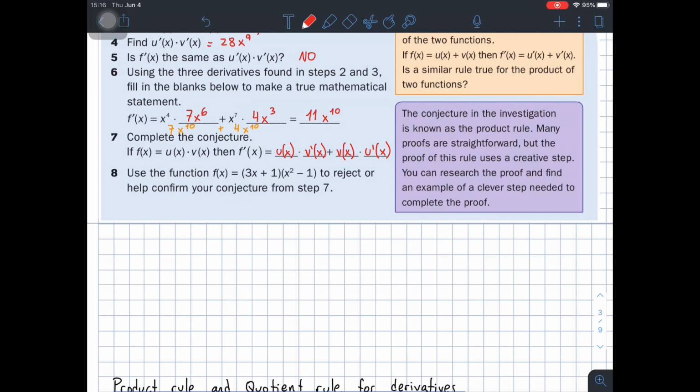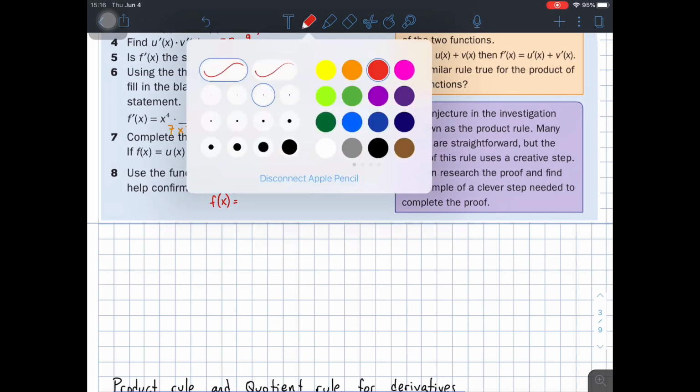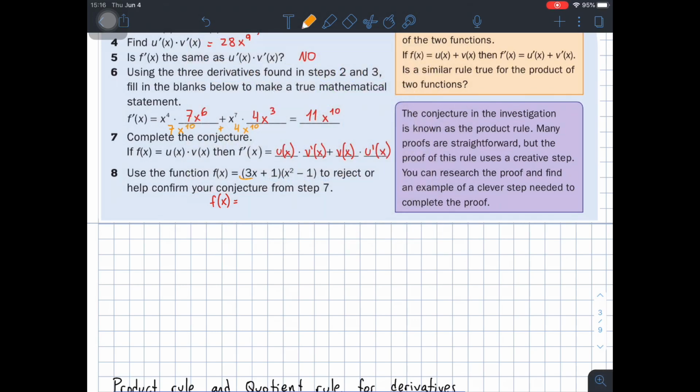So we're going to call this orange part g of x, and the green part, this function over here, I'm going to call h of x, for example. So basically, f of x is equal to g of x times h of x.